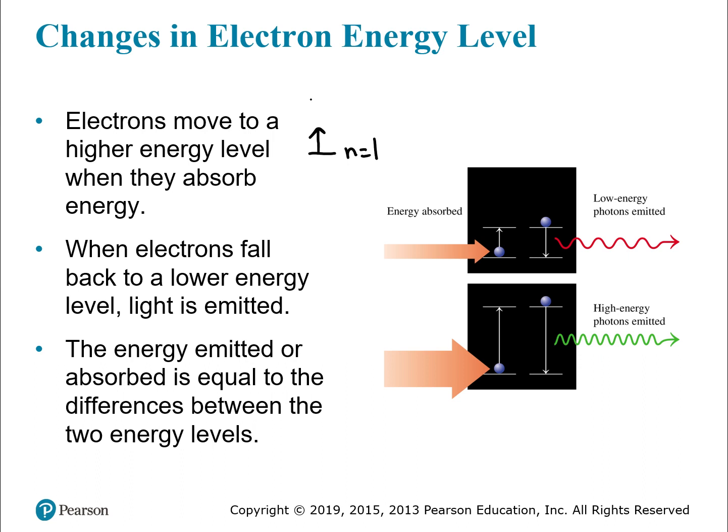If I want to get that electron to n equals 2, I have to add energy in. So that electron is going to absorb a photon so that it can move to the next energy level.